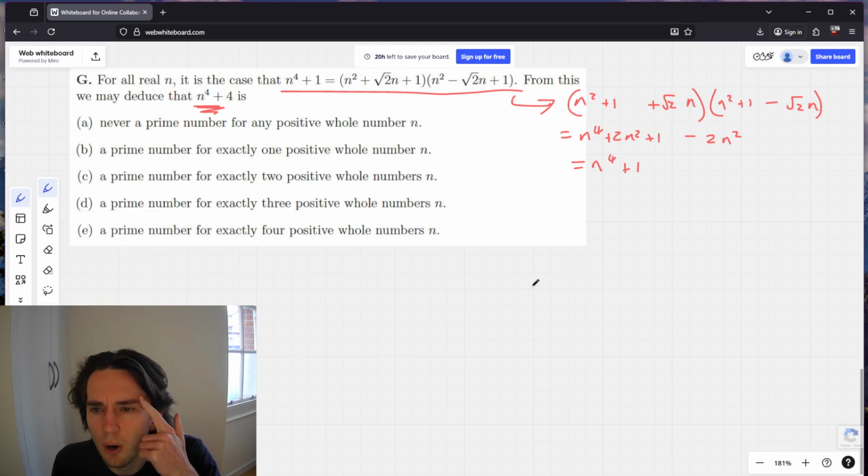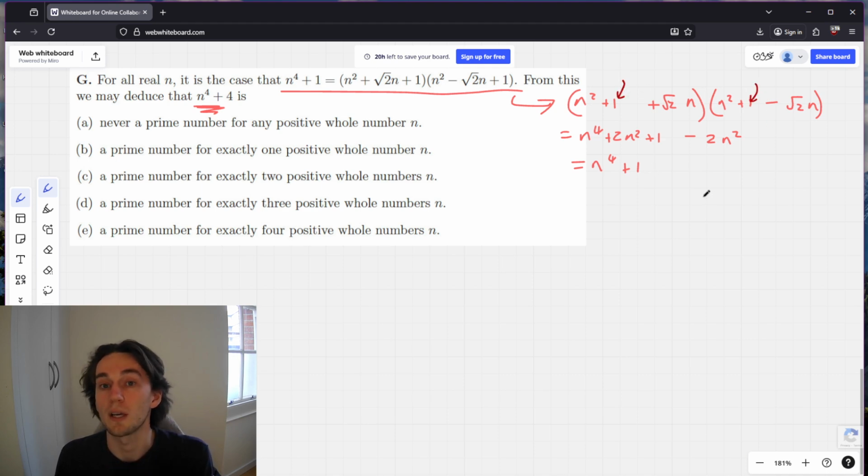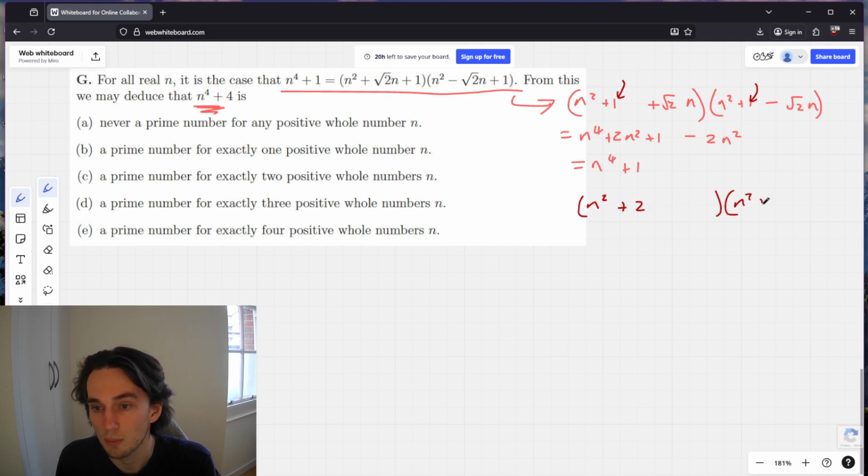So let's try to decompose this and figure out how we got the plus 1. So we got the plus 1 from this thing, this plus 1 here being squared. So perhaps this might suggest to us that we're going to want n squared plus 2 and n squared plus 2, and we're going to square those.